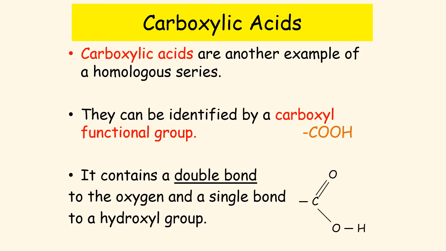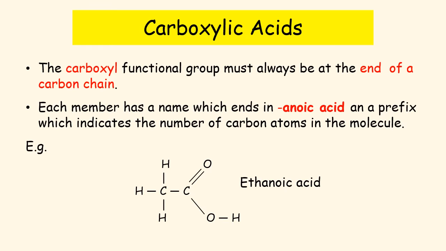And you can see that there's one bond left on the carbon, and that bonds to other carbon atoms, or sometimes a hydrogen. Now, the carboxyl functional group must always be at the end of a carbon chain. So it's always at the end.